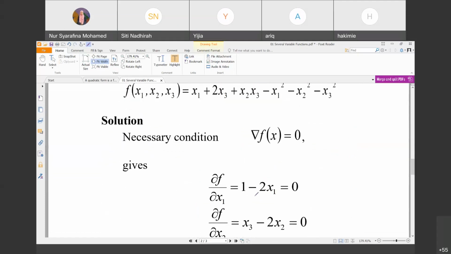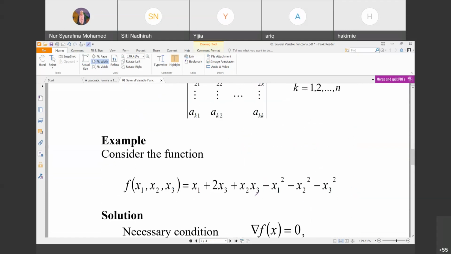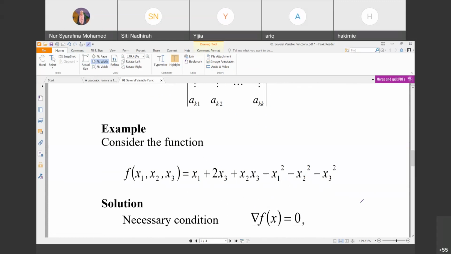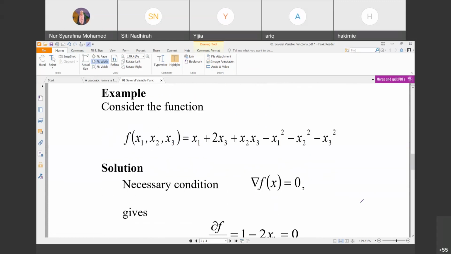Okay, consider the function here. We have a function of three variables, x1, x2, x3: x1 x2 x3 minus x1 squared minus x2 squared minus x3 squared. So the first necessary condition is that the first derivative equals 0.